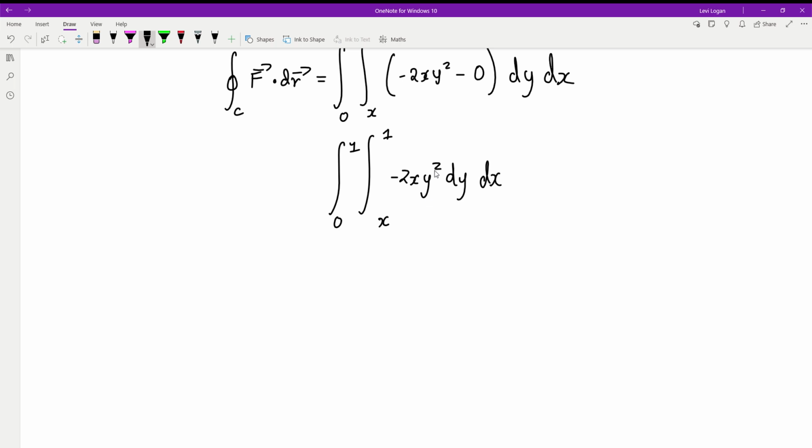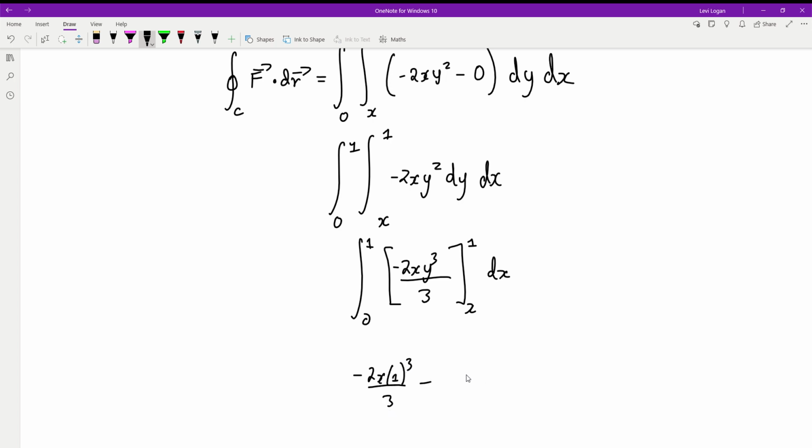Add 1 to the power, divide by the new power, so we'll have negative 2x y cubed on 3 from x to 1. That's our inside integral, and then we still have this outside integral. Substituting in the 1, and then substituting in the x, you'll have negative 2x times 1 cubed on 3 minus negative 2x times x cubed on 3, all inside the integral.